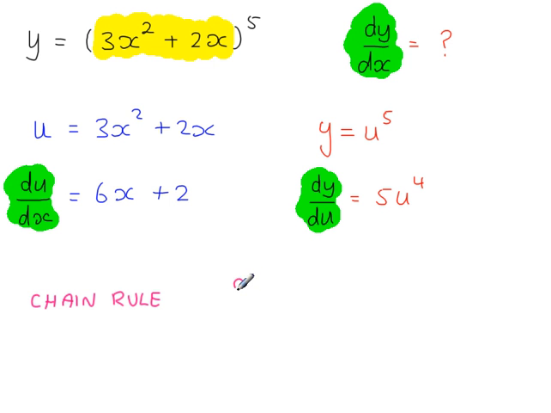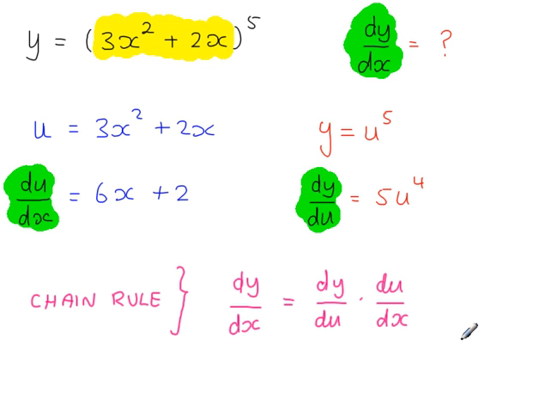So we have dy by dx is equal to dy by du times du by dx. This thing is called the chain rule. We're chaining these derivatives together.